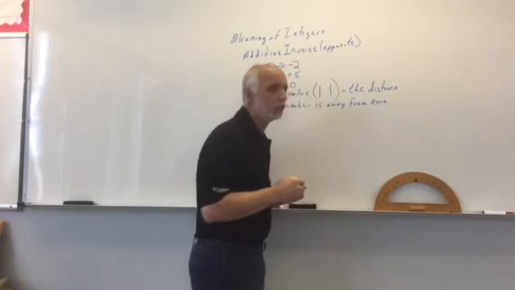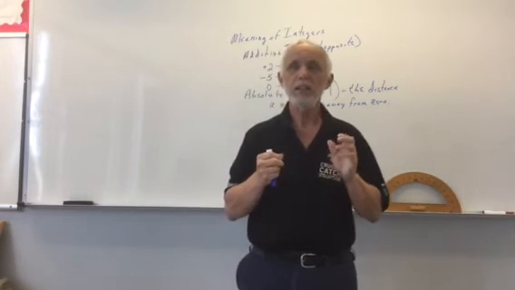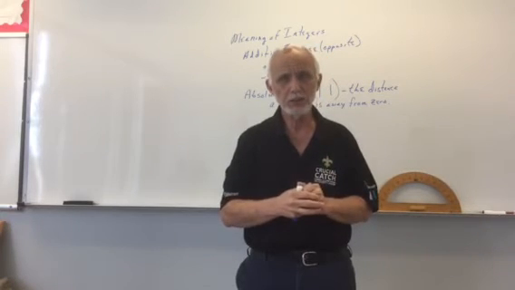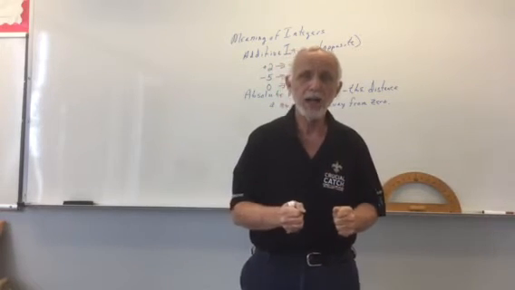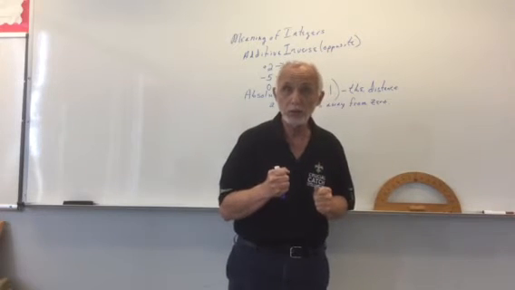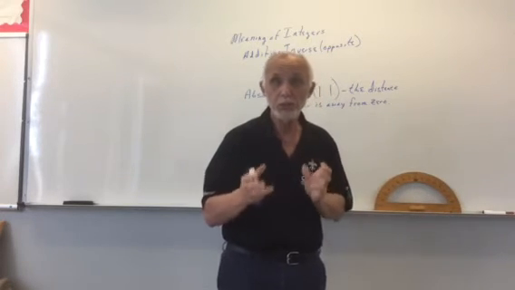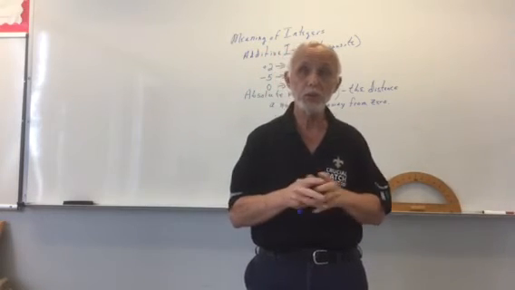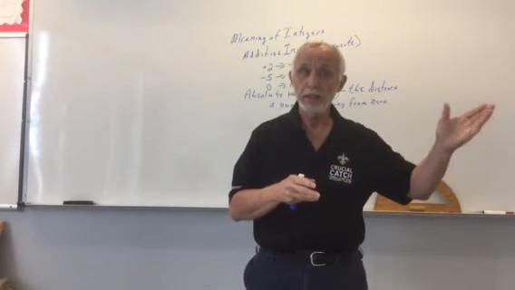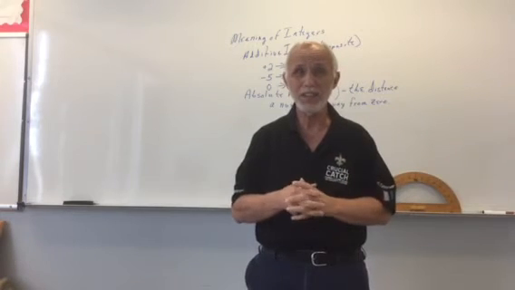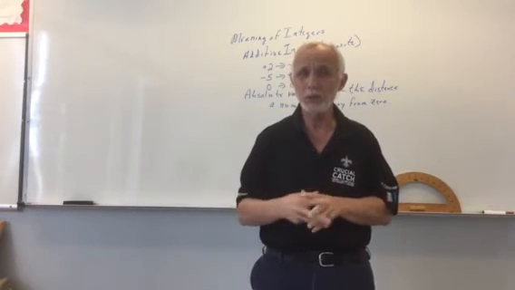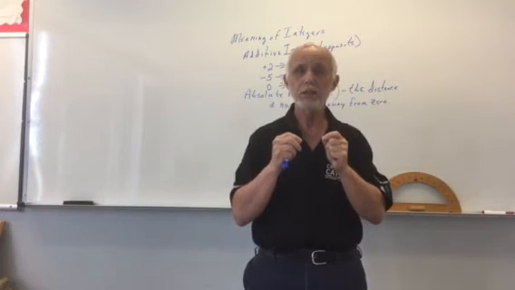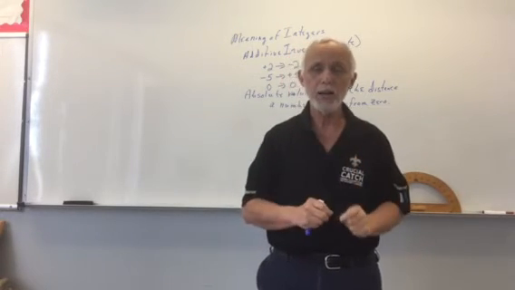Now what you need to understand here is that distance is always a positive amount. You can't have a negative distance. You can't run a negative mile. You could run a mile backwards, but it would still be just a mile. If you go from here to Houston, you see a sign that says Houston 236 miles away. If you're going from Houston to here, you don't see a sign that says New Orleans negative 236 miles away, because distance is always positive.